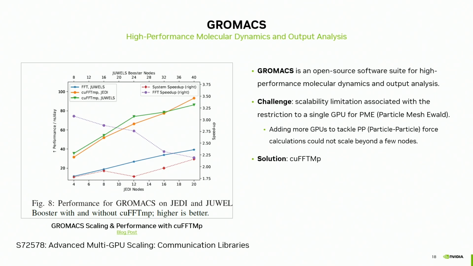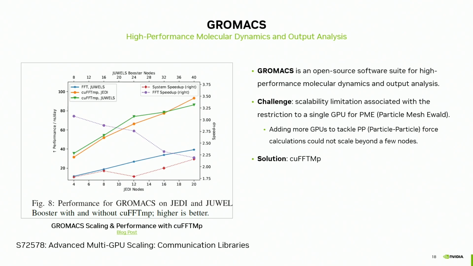Now, with cuFFT MP, GROMACS has been able to perform the required FFTs in a distributed way across all of their multi-GPUs within and across all of the compute nodes. cuFFT MP uses NVSHMEM, which is a parallel programming interface enabling fast one-sided communications.